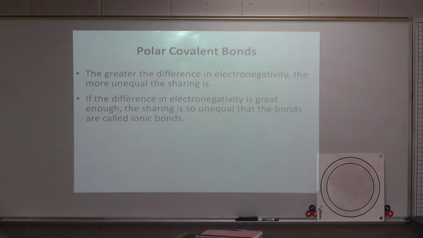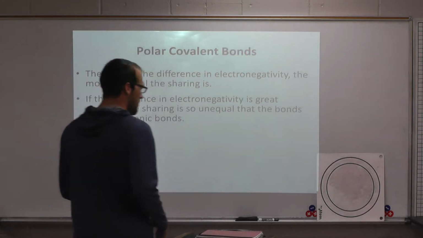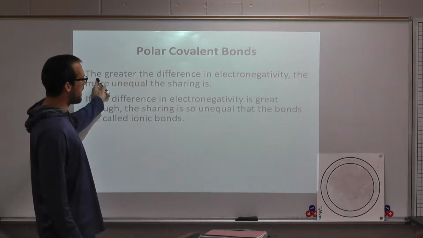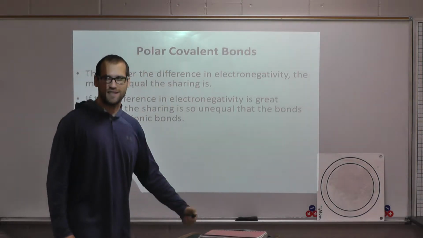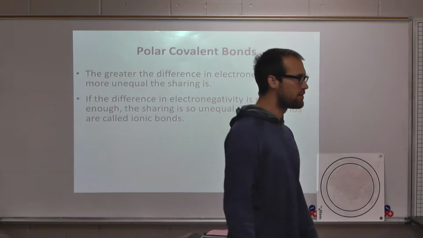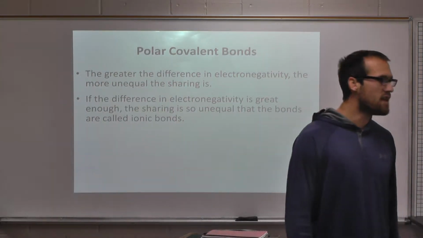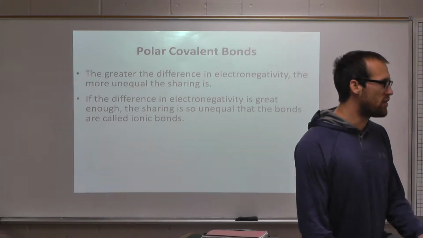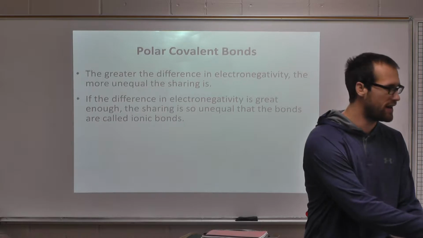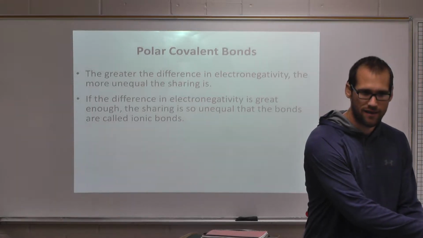Now, this is also something we've talked about: the greater the difference in electronegativity, the more polar it is. What is the type of bond that we say has really large polarity? Ionic.